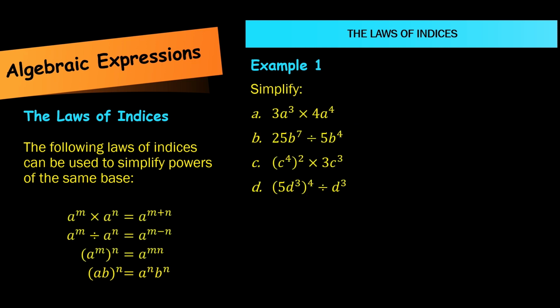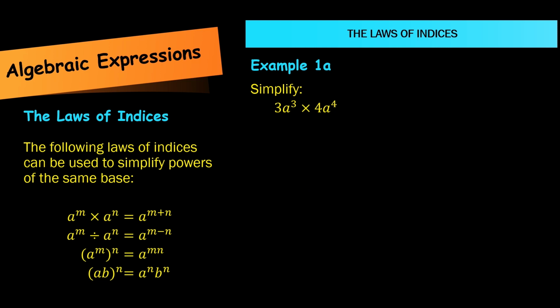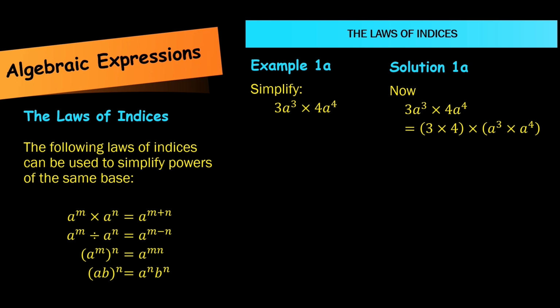Now let's have a go at another set of examples which are a bit more involved. We will first consider the solution to example 1a. As all the numbers and letters are multiplied by one another and order does not matter in multiplication, we can separate the numbers on one side and letters on the other, as shown.